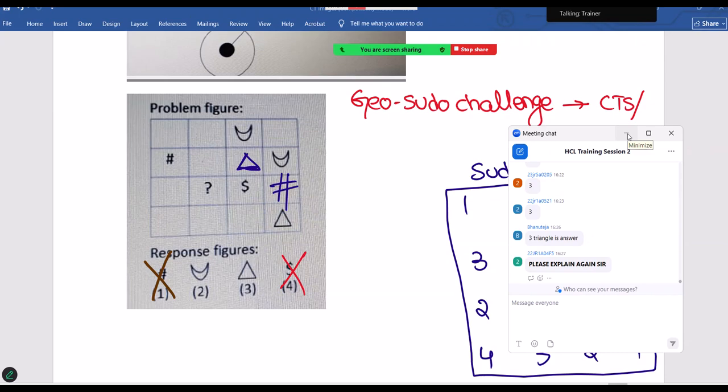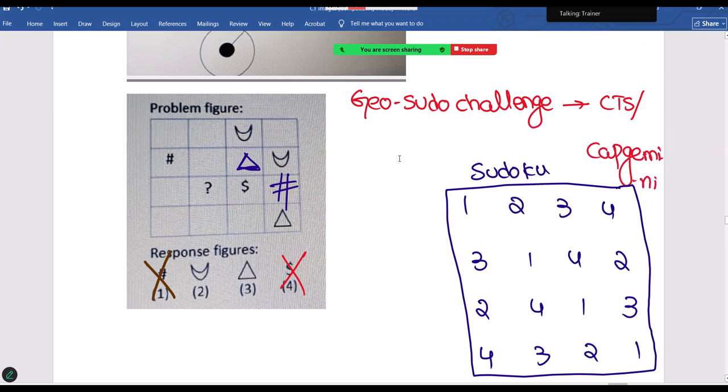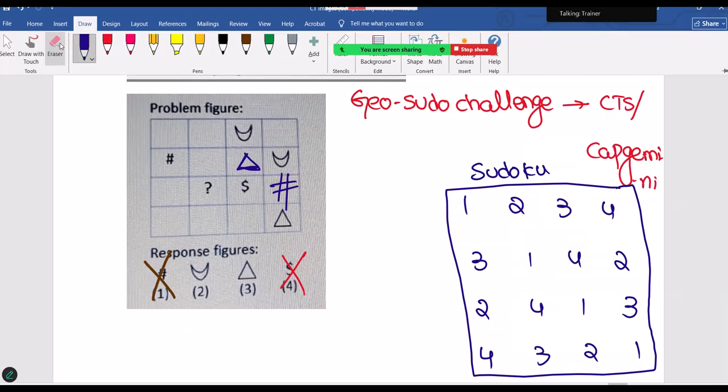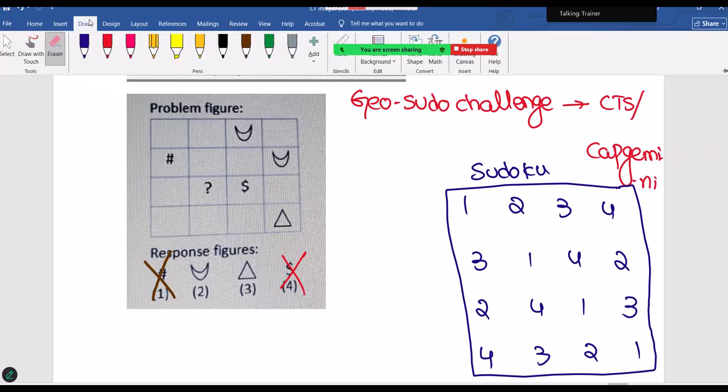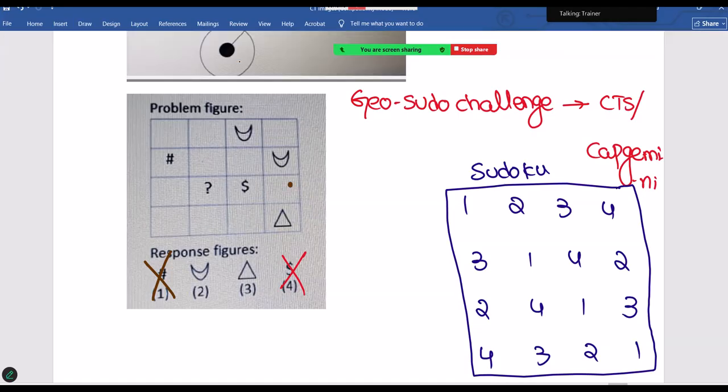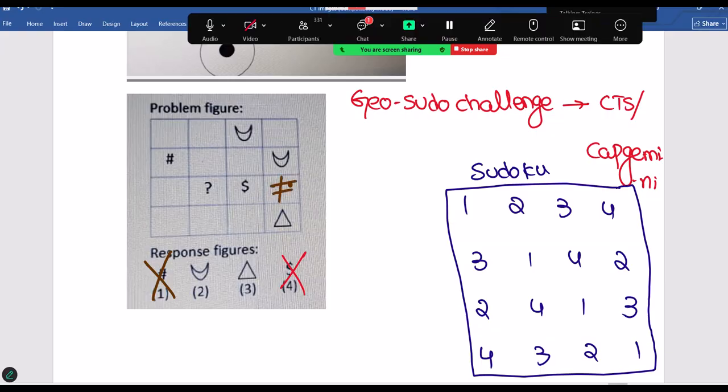My dear friend, I'm explaining again. Don't worry, it's not completed. I'm telling you in less number of steps. See, very simple logic. Somebody keeps questioning, so fine. My dear friends, first I'll give you the procedure, then we'll see the shortcut way. First, here we have four elements only available. As per this row, row wise or column wise, one symbol should come only one time. Here, dollar came already in this slot, half moon already there, triangle already there. This must be only option, hash symbol.